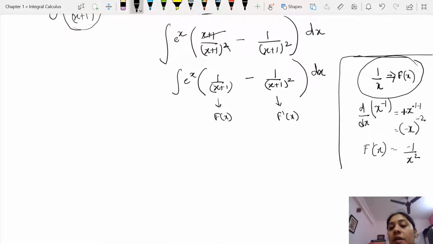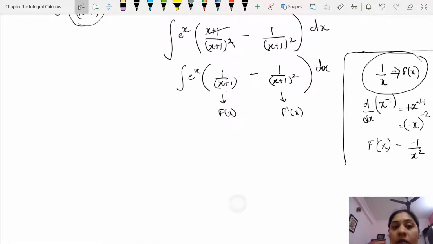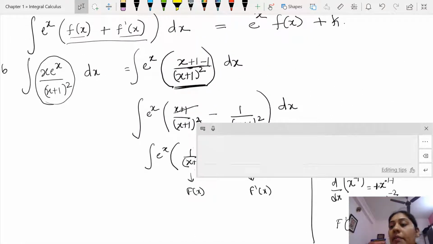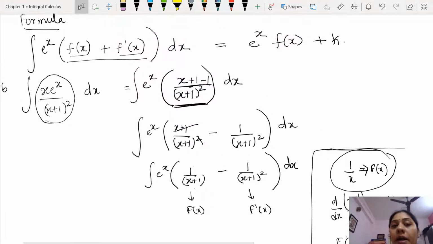If my f of x is 1 by x plus 1, then my f dash of x is minus 1 by x plus 1 the whole square. So what is my final result? It will just end up being e power x into f of x plus k.